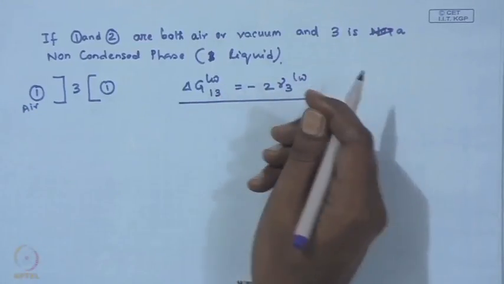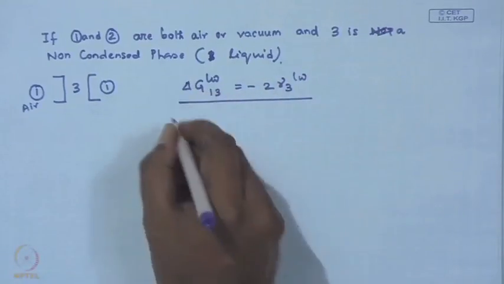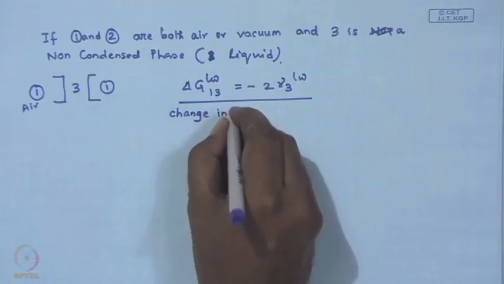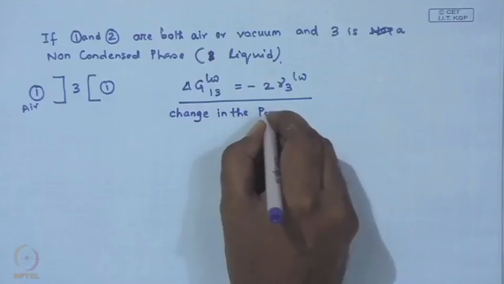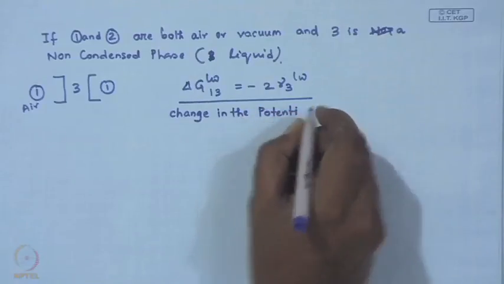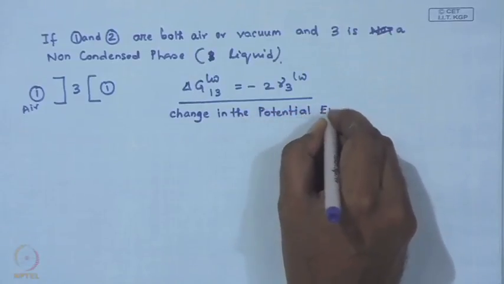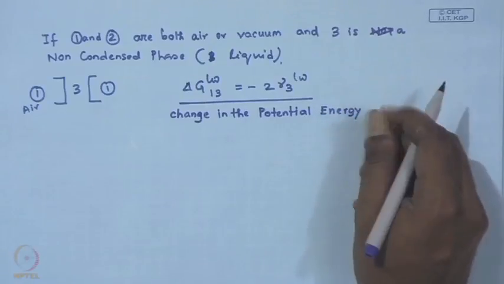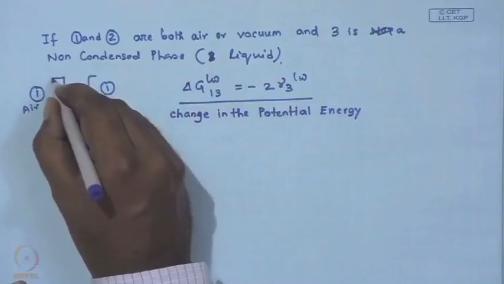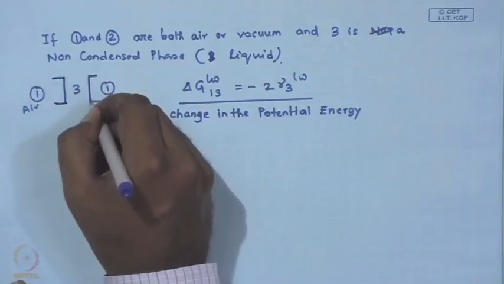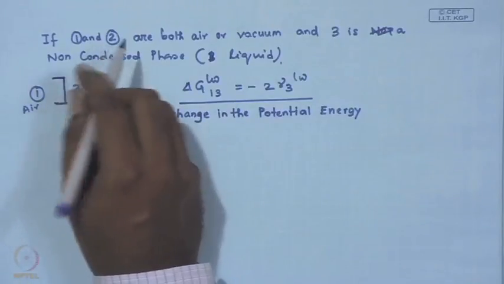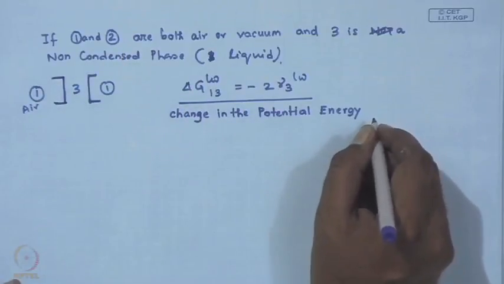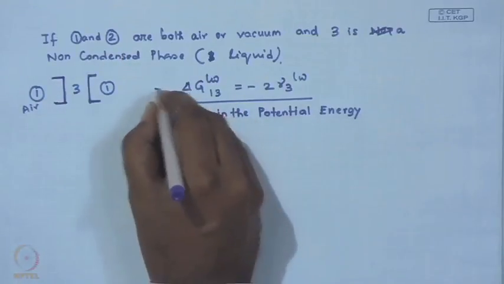This is essentially the change in the potential energy due to the presence of this film. So, this is essentially the free energy of the film per unit area.